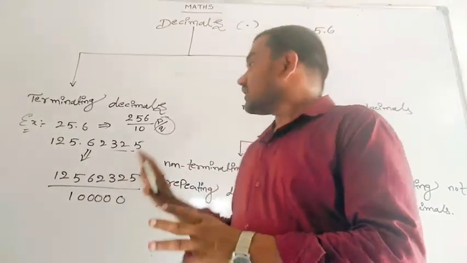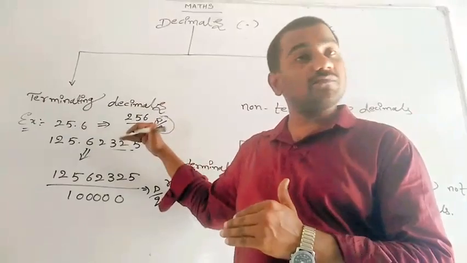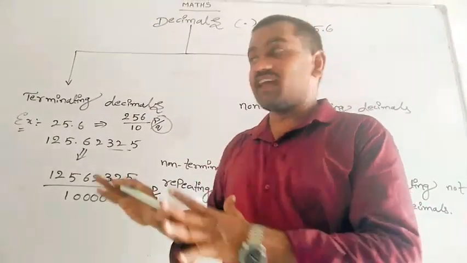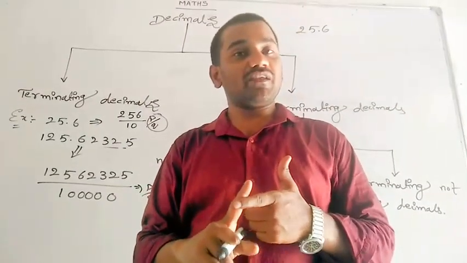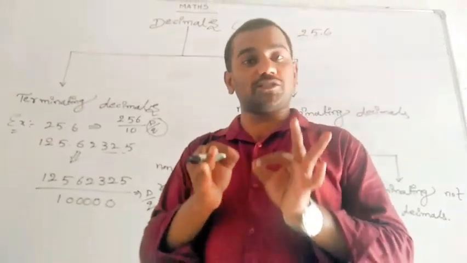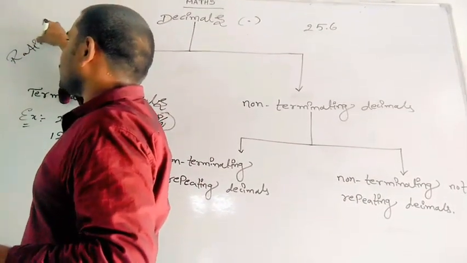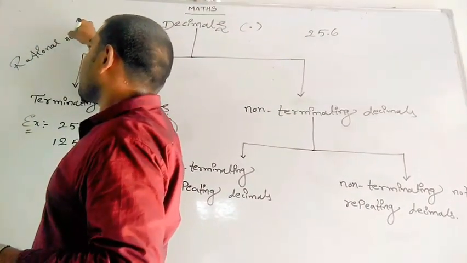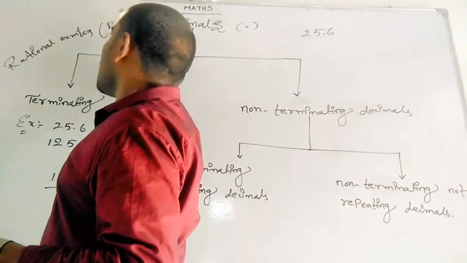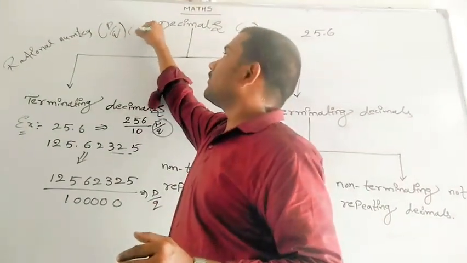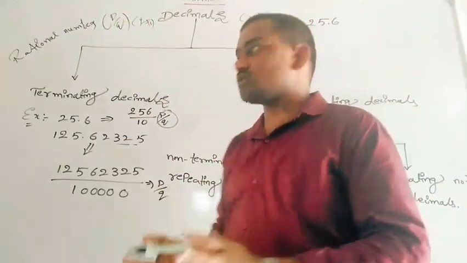As we learned in the rational number definition, the numbers which can be expressed in the form of p by q, where q is not equal to 0, are known as rational numbers.